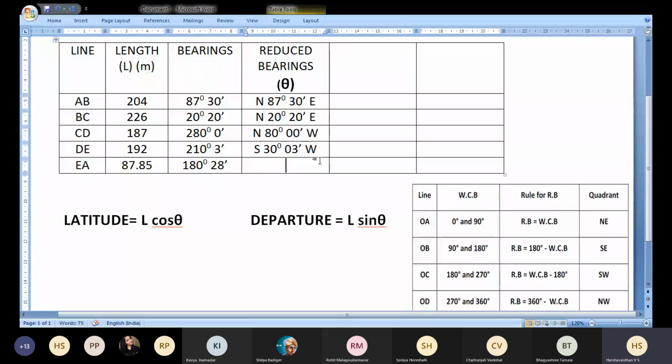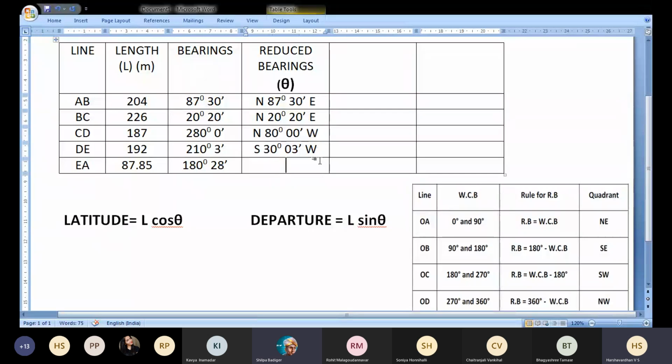The last line: 180 degrees 28 minutes. It lies between 180 and 270 degrees, that is in the south west quadrant. So reduced bearing is equal to whole circle bearing minus 180 degrees, that is 180 degrees 28 minutes minus 180 degrees.